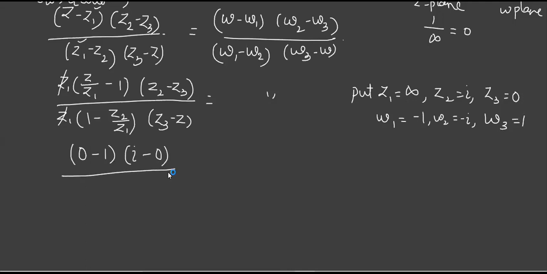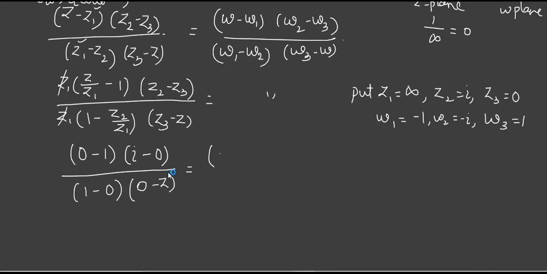You should tell fast. See, Z3 is 0. Here, 1 minus. Again, Z2 is some quantity, but you have a Z1 and Z1 is infinity. Means what happens to this quantity? 0. Again 0. What is Z3? 0. Keep Z and W same.